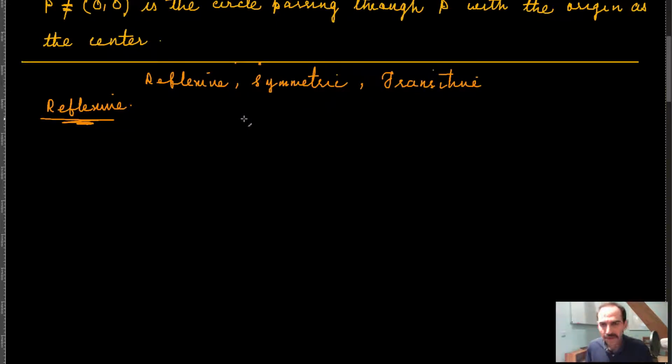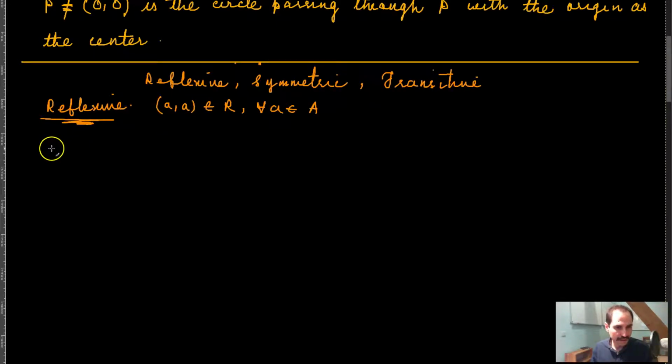If R has to be reflexive, then A comma A has to belong to R for every A belonging to A, right? And that is already the case because if I imagine that A is some point in the plane which has some distance from the origin, then again A is the same point having the same distance from the origin.